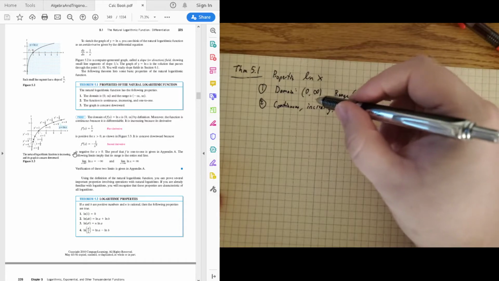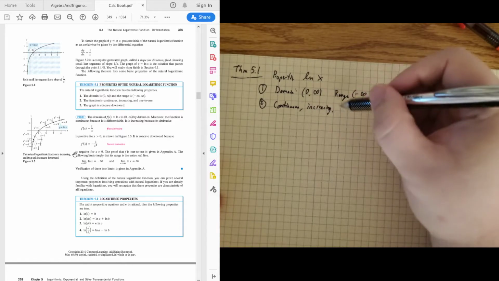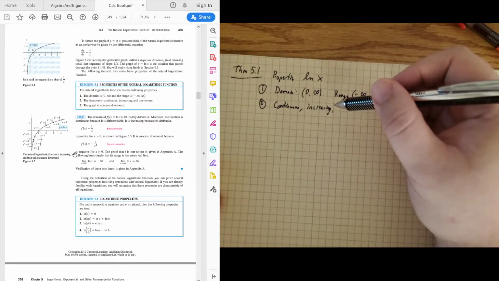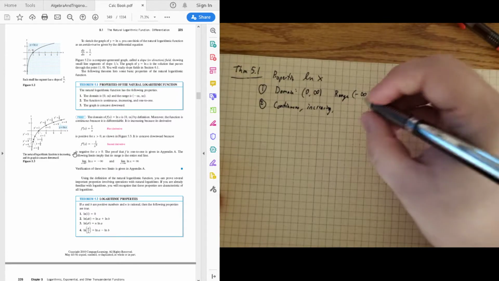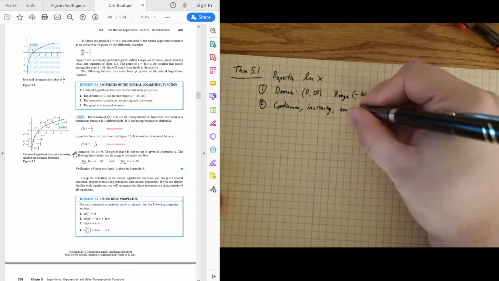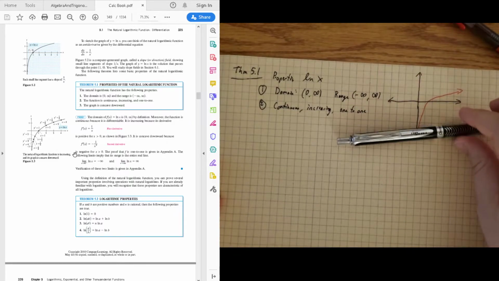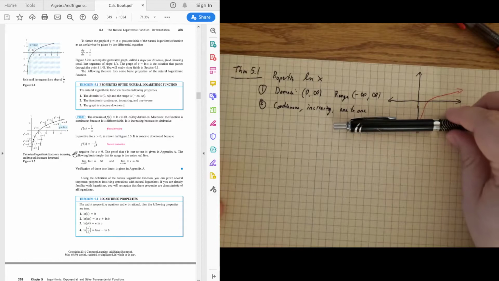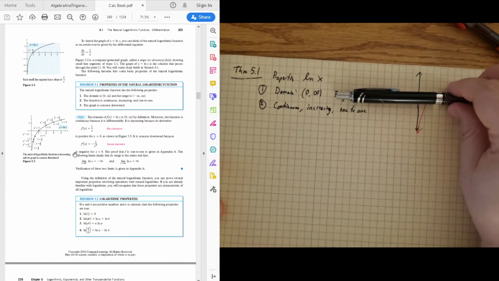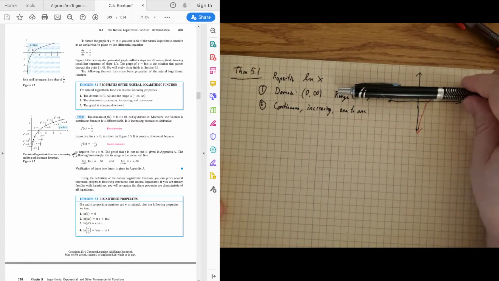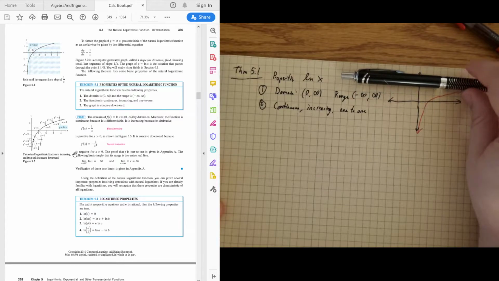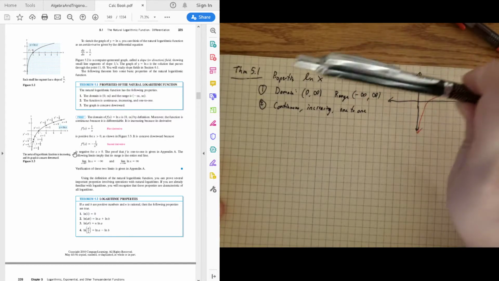Also, if we think back to chapter 2, since it is increasing, that means its derivative will always be positive. And then finally, it is 1-to-1. In other words, it passes the horizontal line test. So every time we have an x value, it has exactly 1 y, and every time it has exactly 1 y, it has exactly 1 x that goes to it.